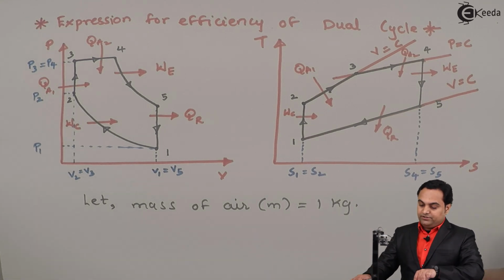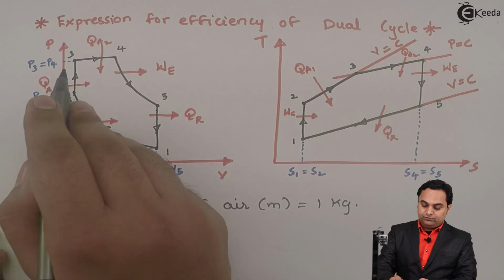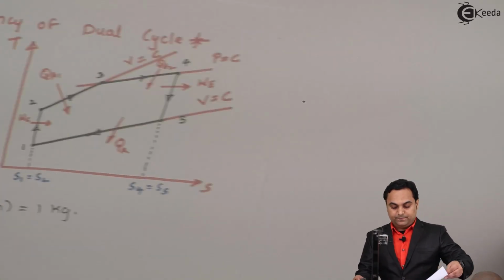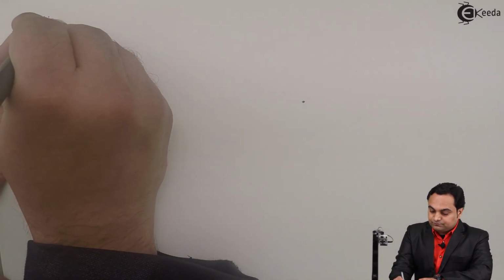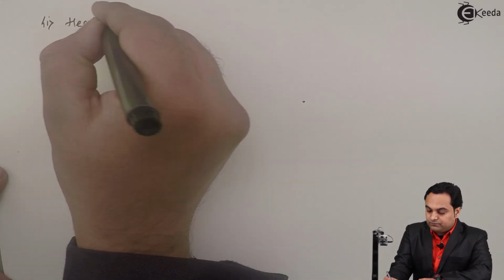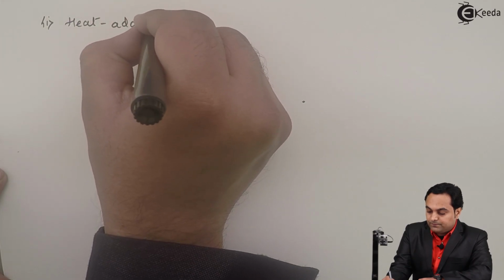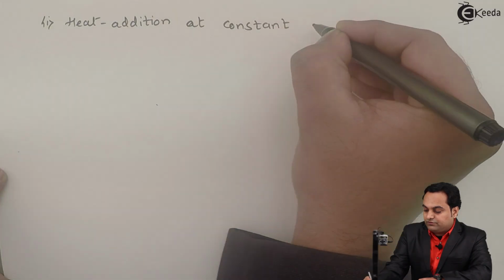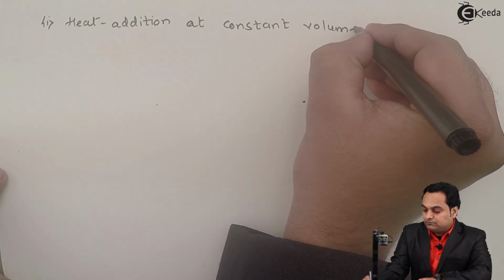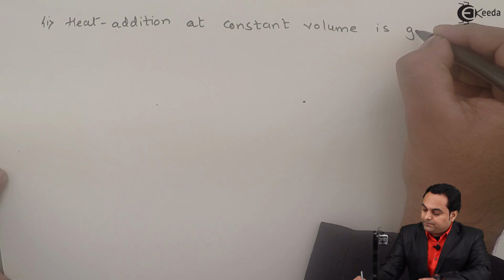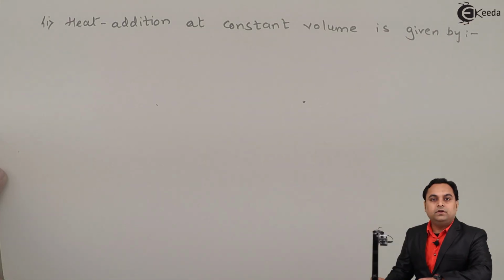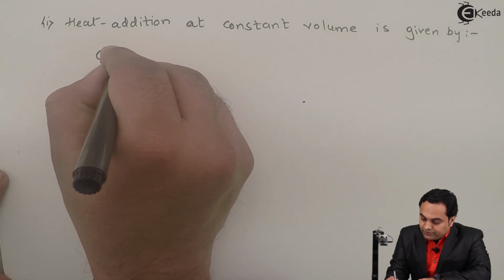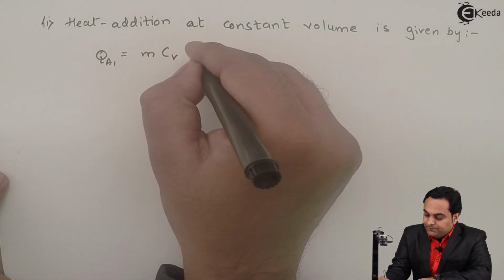Next, in the derivation part, first we are going to start with the heat addition process at constant volume. So heat addition at constant volume is given by, we denote it as QA1, and that is equal to m Cv.